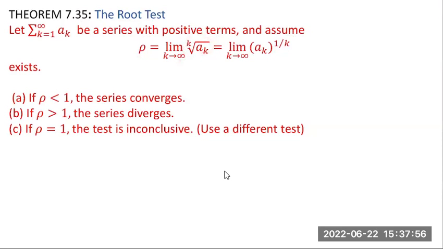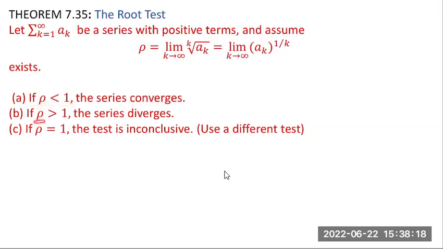Limit as k goes to infinity of the kth root of a_k, which is the limit of a_k to the power 1 over k, exists. We assume that this limit exists. Then here are the conclusions. If that limit, which is what we denoted by rho, is less than 1, then the series converges.